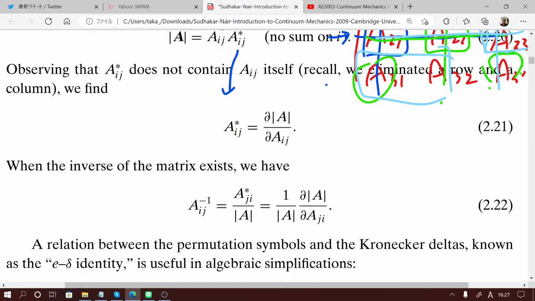The ij component of A inverse is this. I didn't know this. Anyway, is this correct?